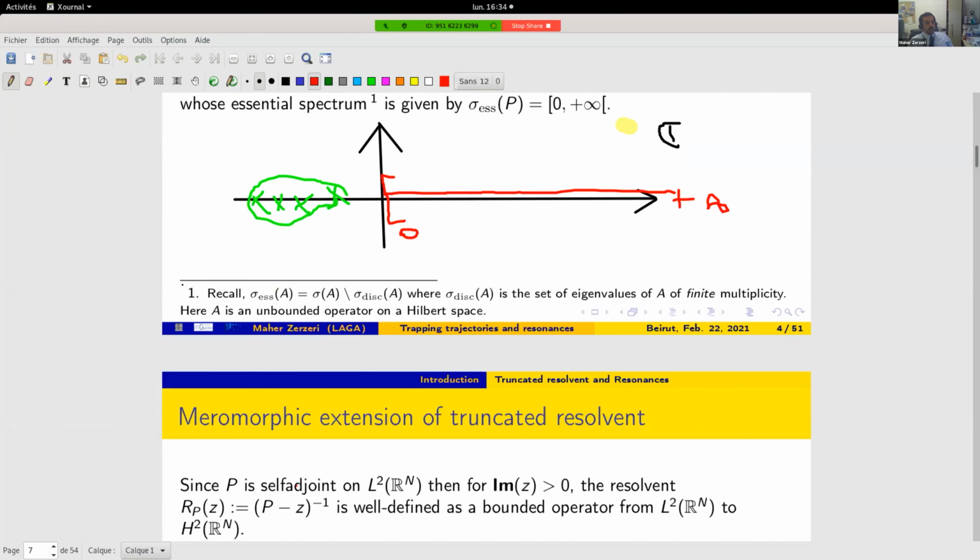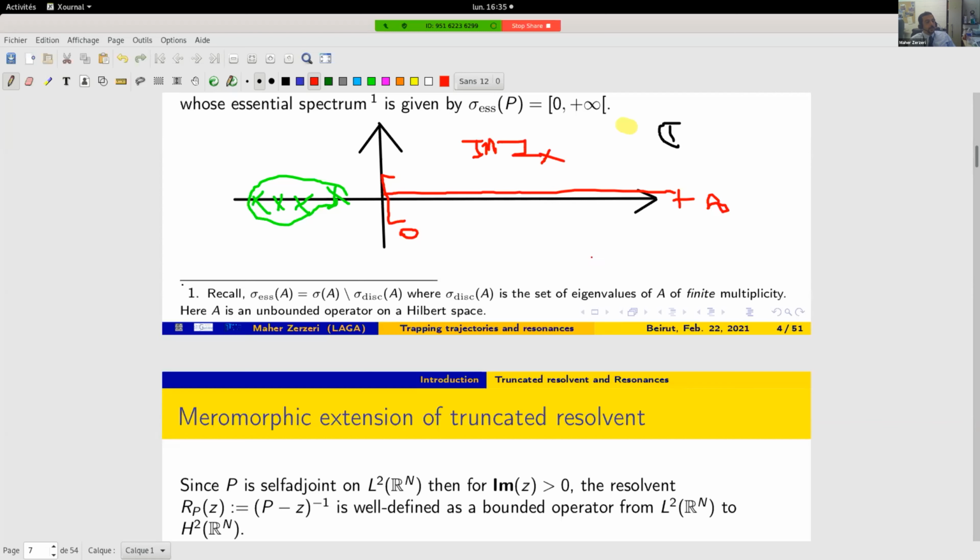Since our operator is self-adjoint, for imaginary part of z different from 0, (P minus z) to the minus 1 is well defined as a bounded operator from L2(R^n) to H2. But because we have an essential spectrum here, the representation is different if the imaginary part of z is positive or negative.